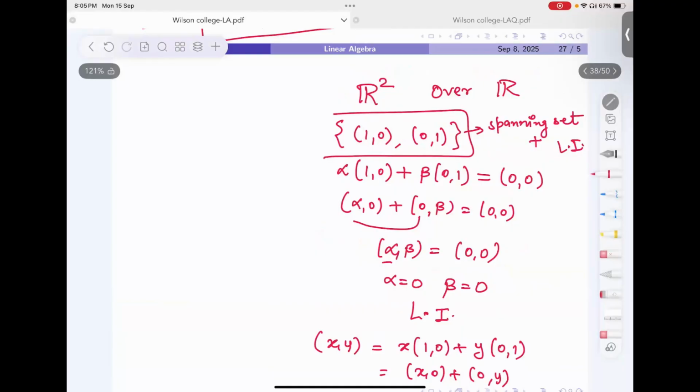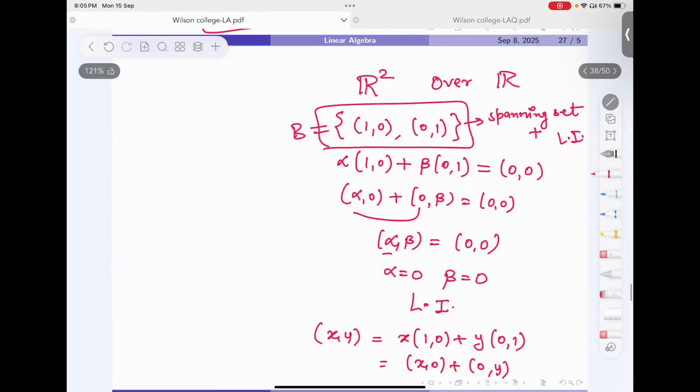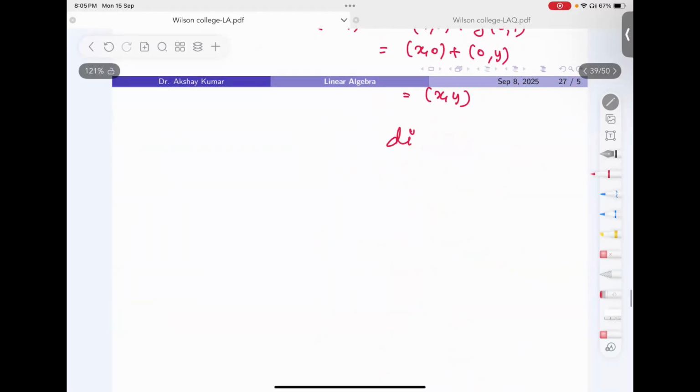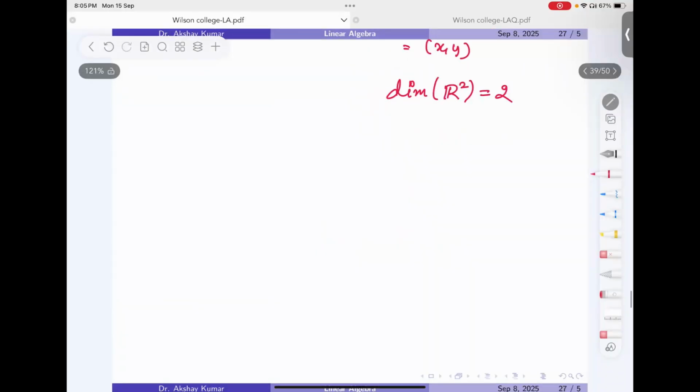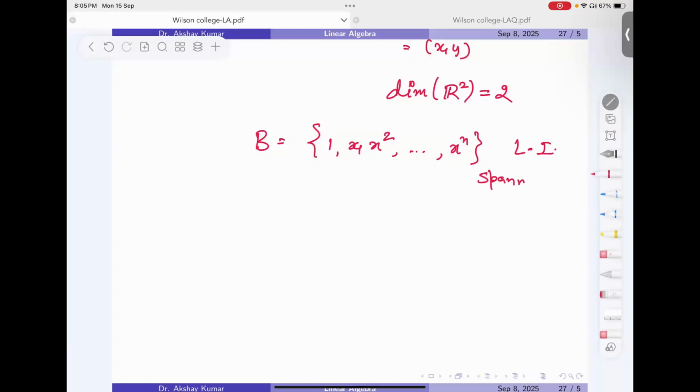And what is the cardinality of this set? 2. So the dimension of R2 is 2. Similarly, if you take this example, this is a linearly independent and spanning set for P_n(x), the polynomials of degree less than or equal to n.